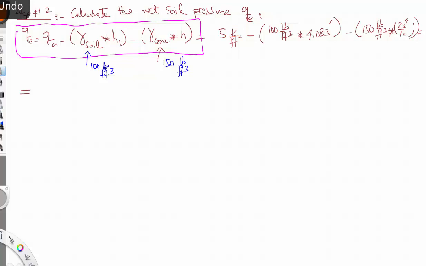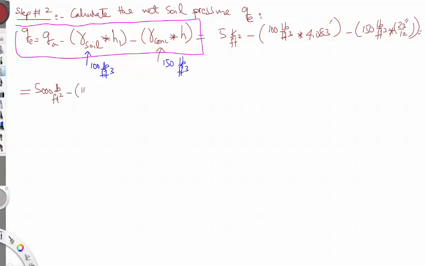So what I do is I convert this to 5,000 pound per square foot, because one kip is equal to 1,000 pound, and everything will be in pound.